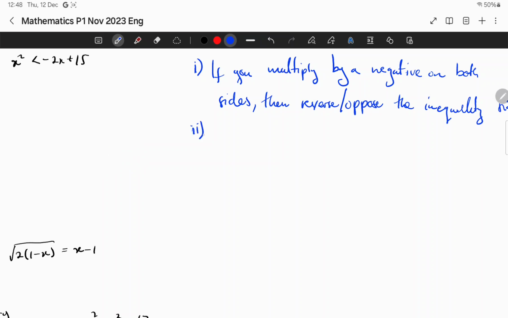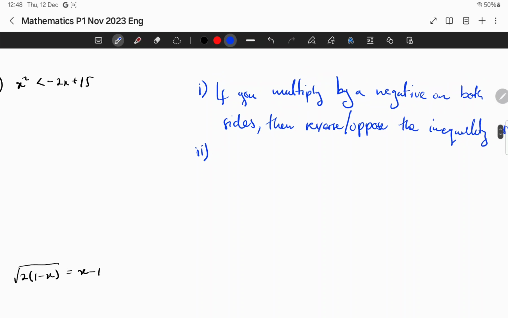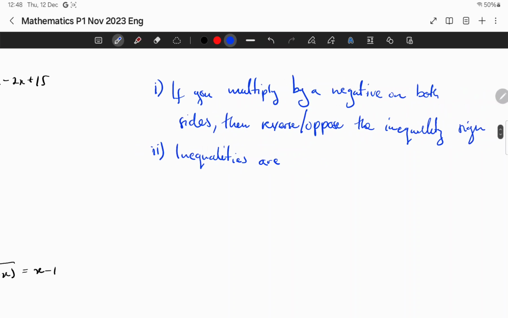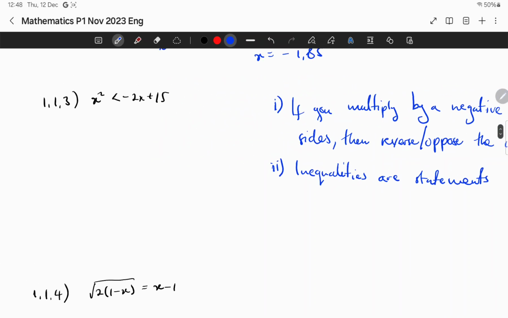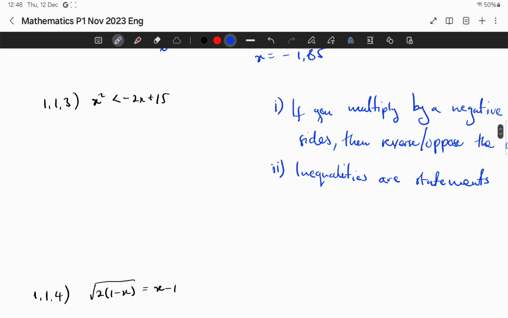The second rule is that inequalities are statements. What I mean by this is that an inequality means something. It tells you something about what you're solving.